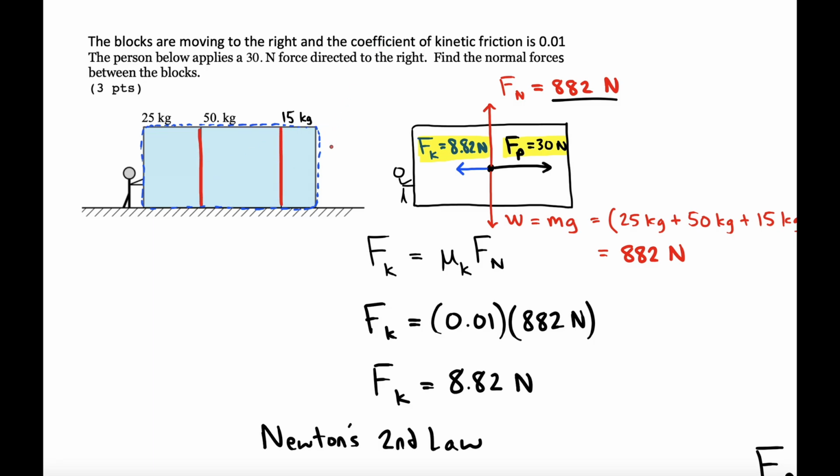So I would change my designation of system at this point. I would now make my system just one of the blocks, and usually the last block here is the easiest one to analyze. So let's figure out what are the forces on this block alone.